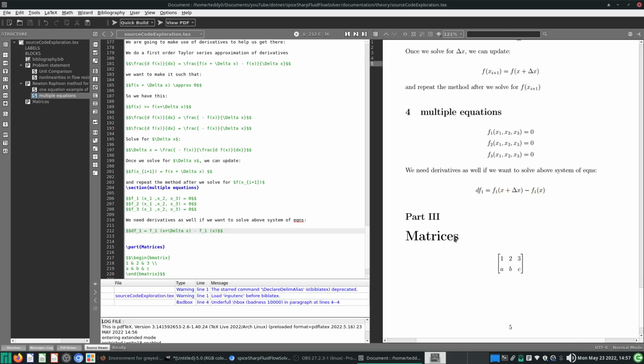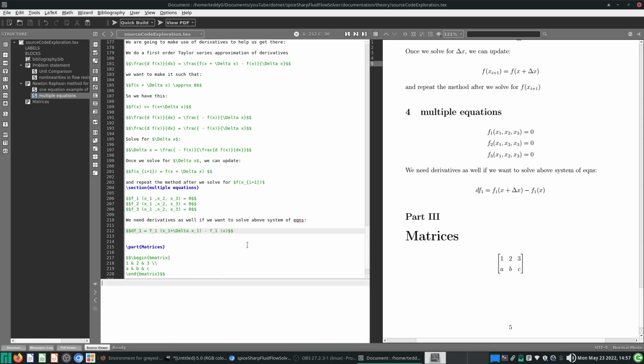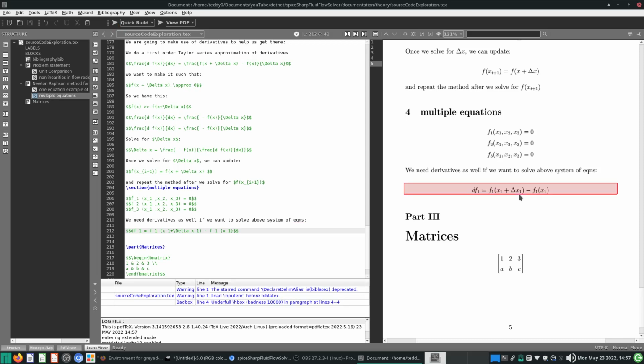But now we have three independent variables. We'll need to actually replace this by the following, right? You need to actually put in three coordinates here: x1 plus delta x1, x2 plus delta x2, x3 plus delta x3. So I actually need to copy these three sets of coordinates over here.